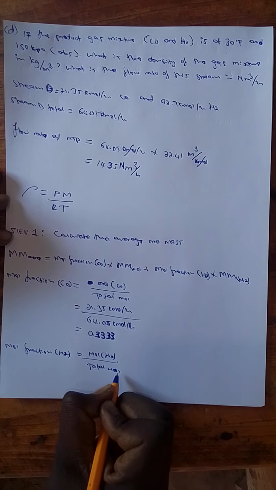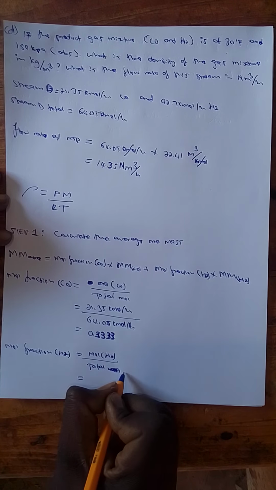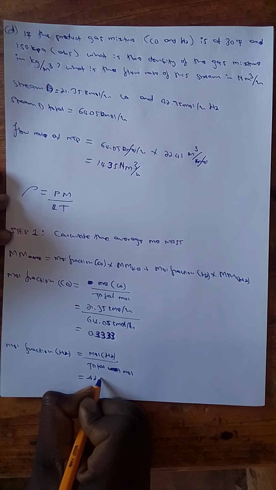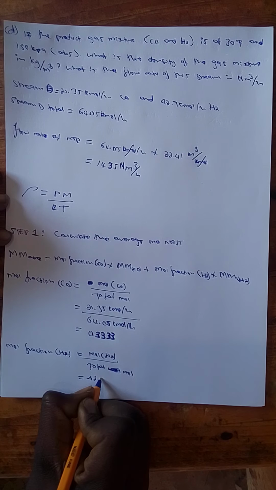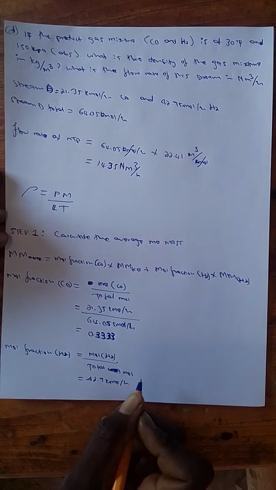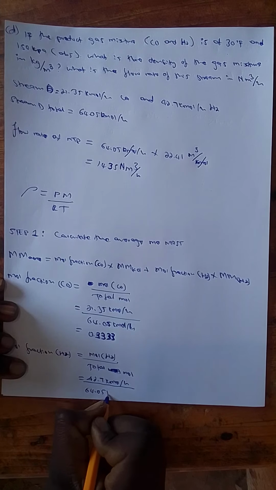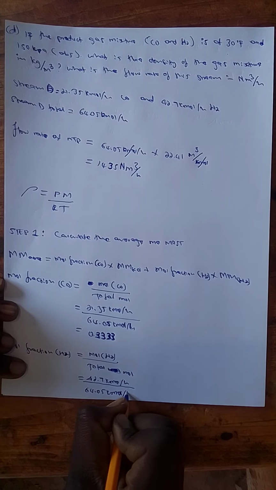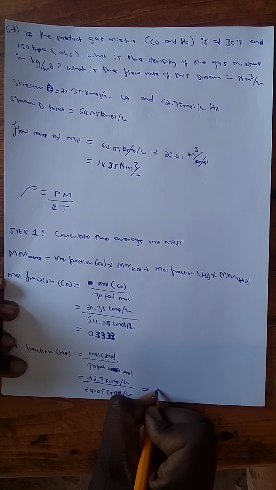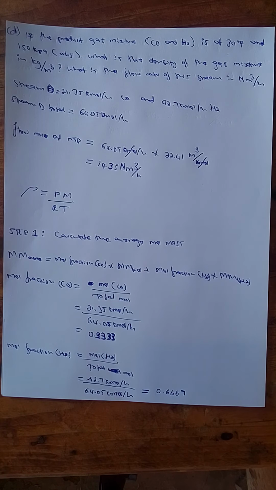So for H2, we find it to be 42.7 kilomole per hour, all over the total of 64.05 kilomole per hour. And if you use your calculator, you'll find that it gives you 0.6667. So that is basically the mole fractions of both.